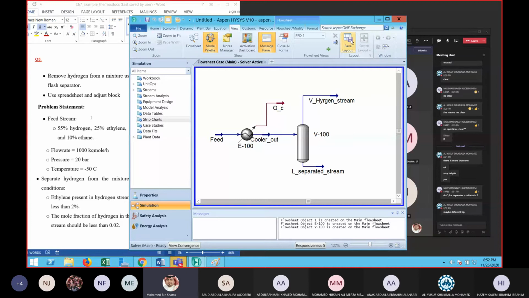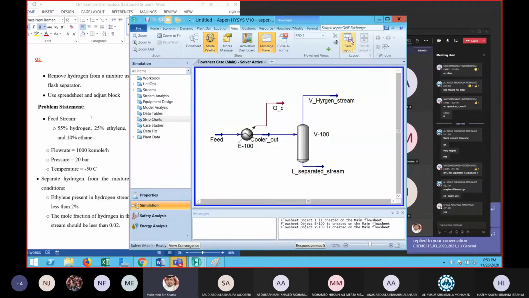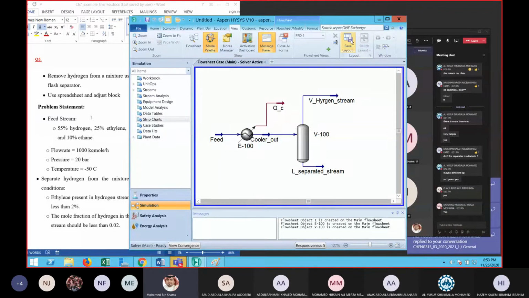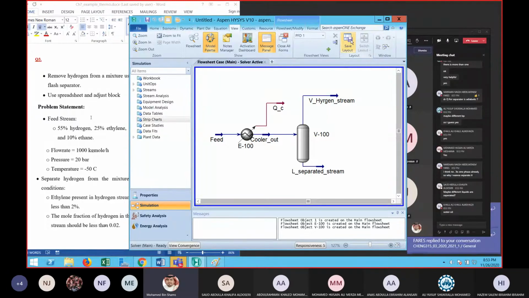Yes, no? Can you give me an example? How can I have a separation when I have a single phase? Okay, I think so. It's one phase already, so why would I want to separate it?